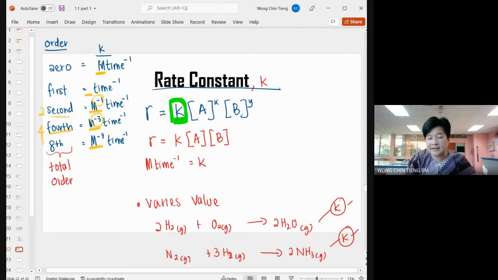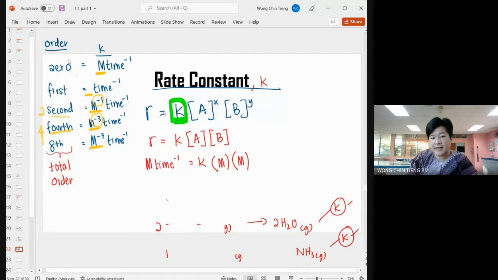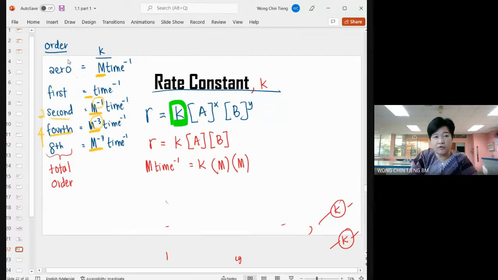Rate memang takkan ubah. K adalah yang saya nak cari. Concentration A, molar. Concentration B, molar. So, when you work that out, you realize that K is the one I'm looking for.